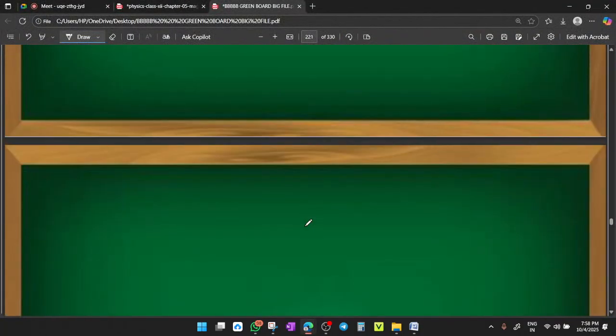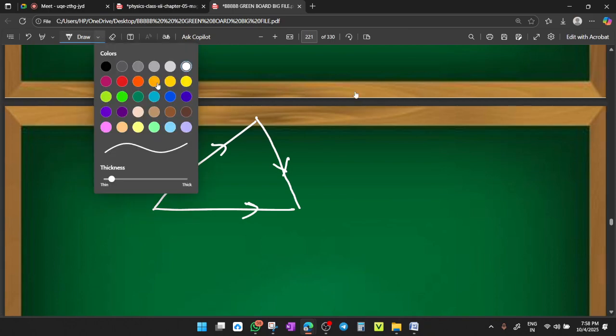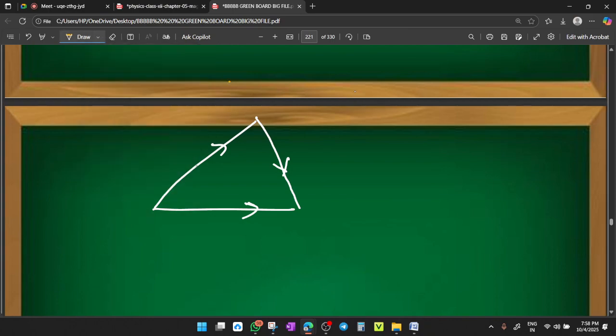See here. There are three magnetic moments. We have arranged the three parts in this way. M by 3, m by 3. Now the resultant of these two vectors we have obtained as m by 3, right?